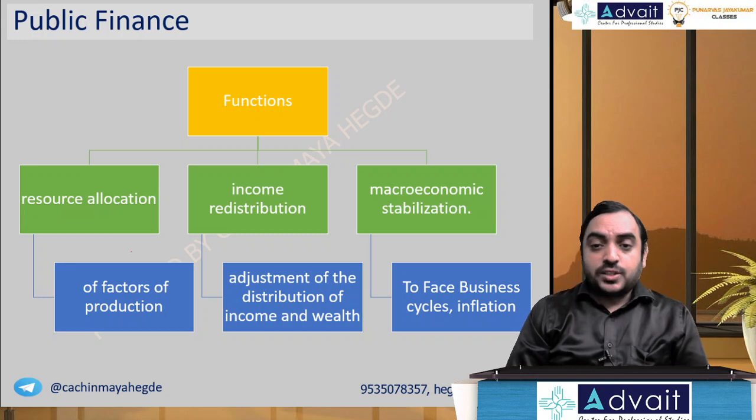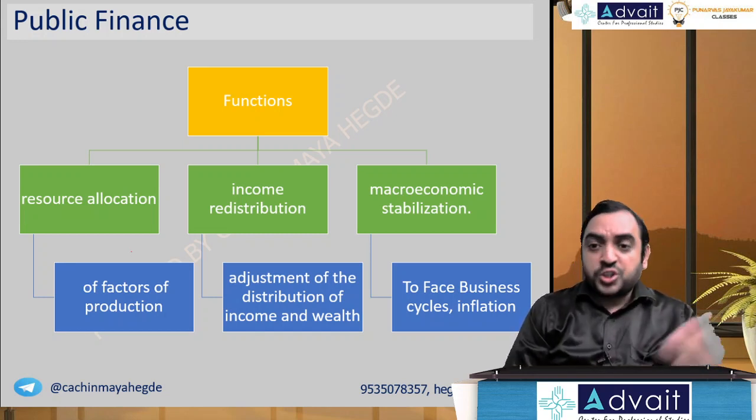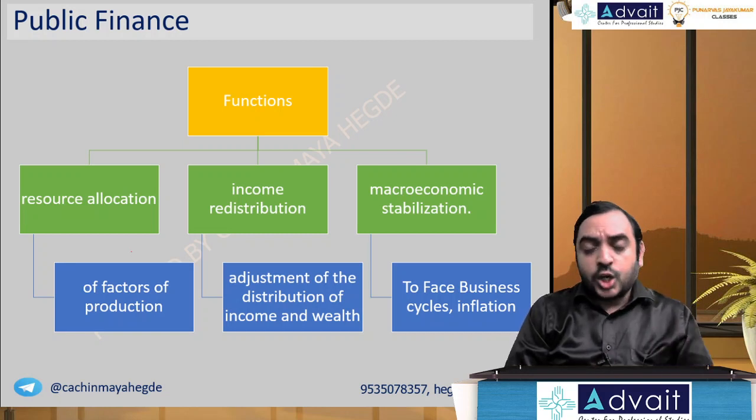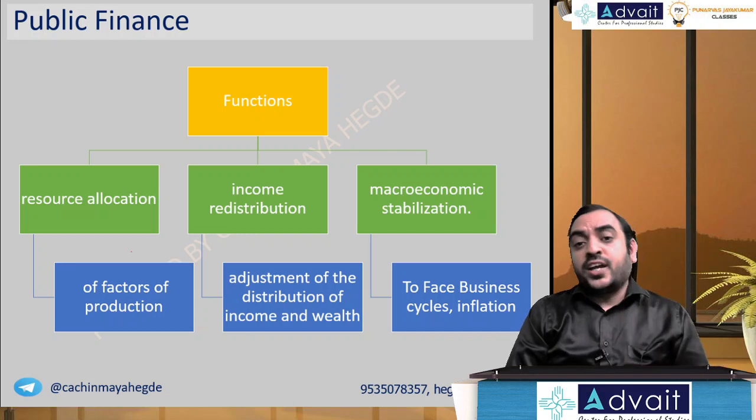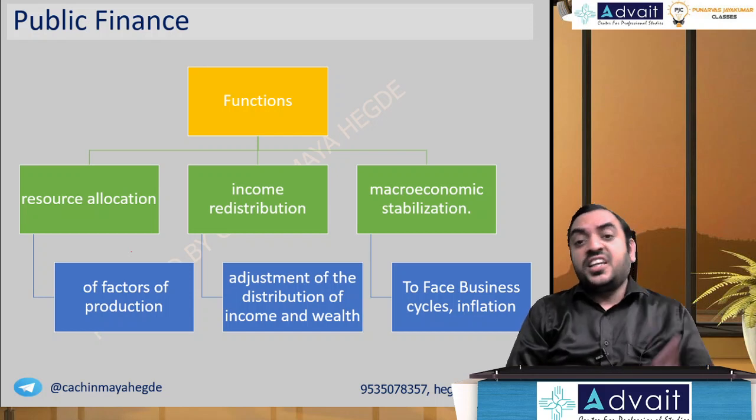Macroeconomic stabilization. This is to face the business cycles and inflation. Because of corona, the economy was locked down, but they have to keep supporting the economy. So lots of companies, central banks, governments went for printing of money.